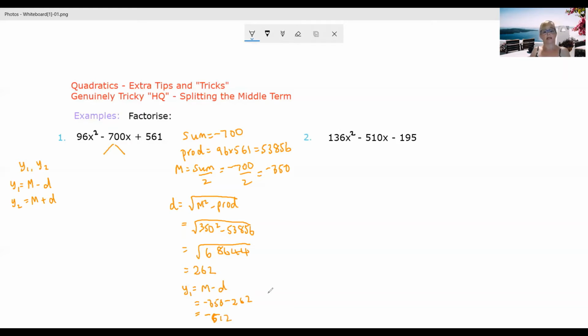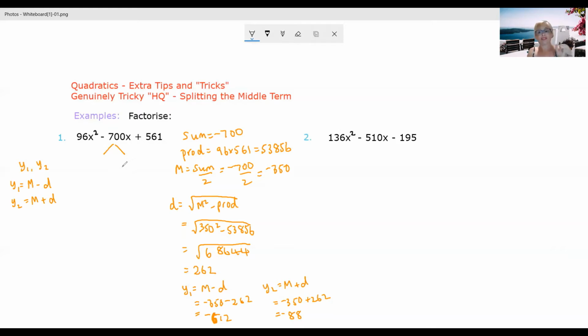Yes. And our y2 is going to be our m plus our d, which of course is negative 350 plus 262, which is negative 88. Once we've got those two numbers, then we know how to split up that middle term.